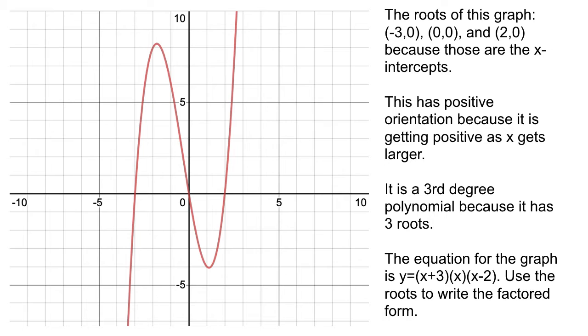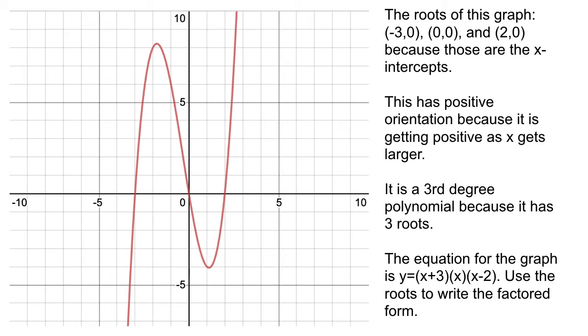Our goal in this activity is to write the equations of polynomial graphs. So one thing we need to know is what the roots of the graph are. That's where it crosses the x-axis. So you can see the roots in this graph are (-3, 0), (0, 0), and (2, 0). This graph has a positive orientation because as x gets larger, y is getting more positive.